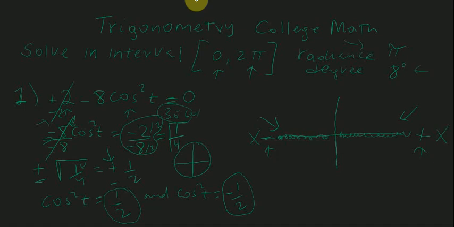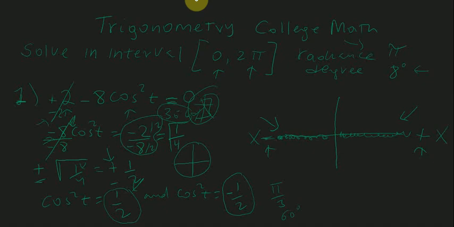You can either use that chart to get the correct number, or you can calculate. Let's deal first with the positive. When cosine is positive one half, this is pi over 3. Pi over 3 is 60 degrees.